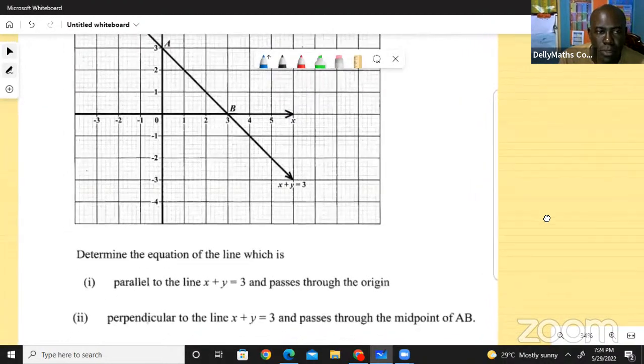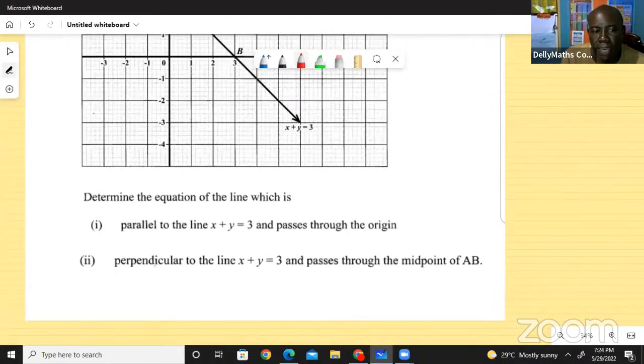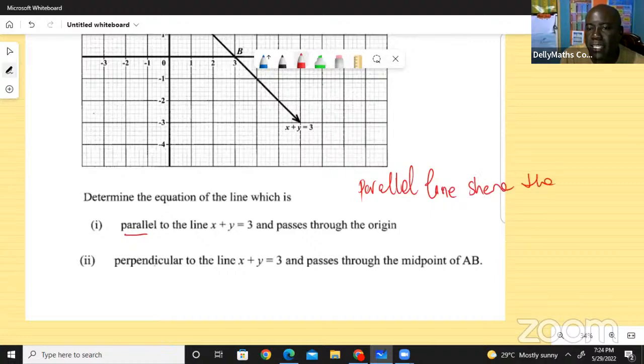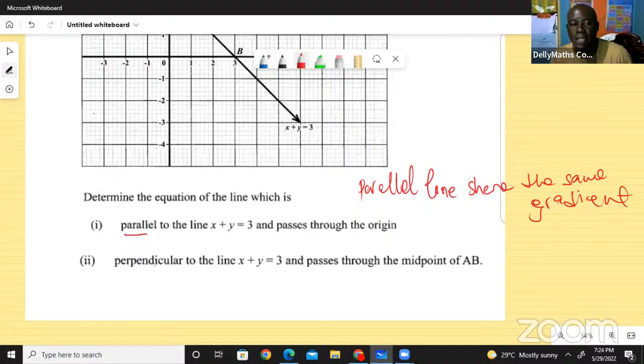Now, why are they giving us parallelism here? Because when lines are parallel, we want to remember that parallel lines share the same gradient. So because parallel lines share the same gradient, we can use it.